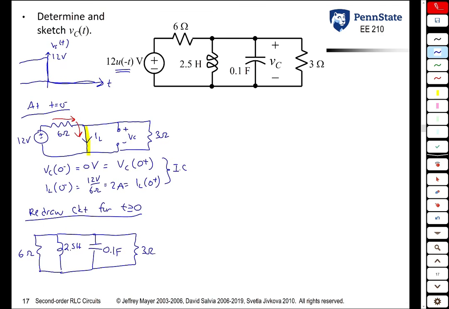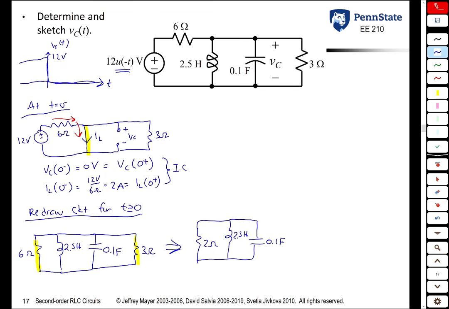The next thing you do is you manipulate the circuit as needed to get it into a single series or parallel RLC circuit. Notice the 3 ohm and 6 ohm resistors are in parallel. They become a 2 ohm resistor. Then we have our inductor and our capacitor.